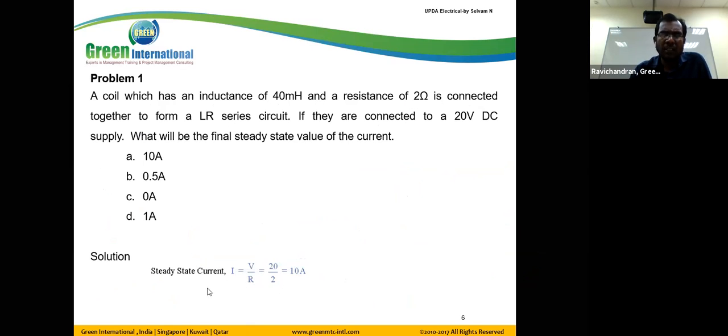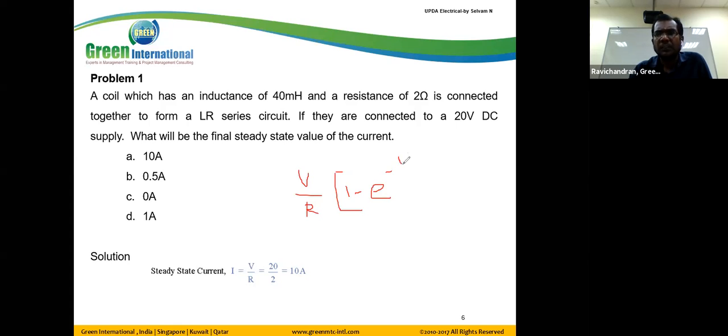So we have a formula for steady state. I is equal to V by R. The actual formula is V by R times 1 minus e to the power of minus t by tau.